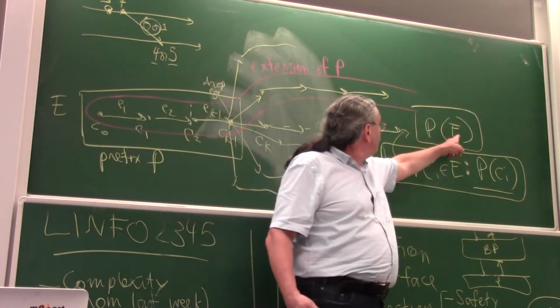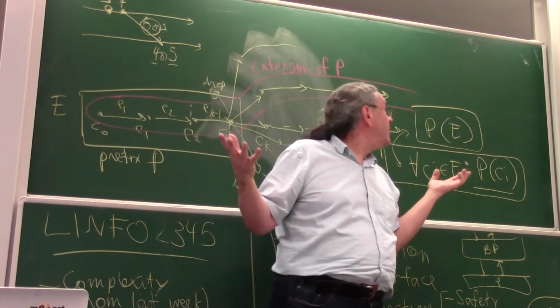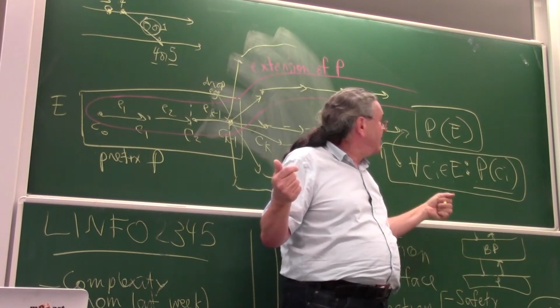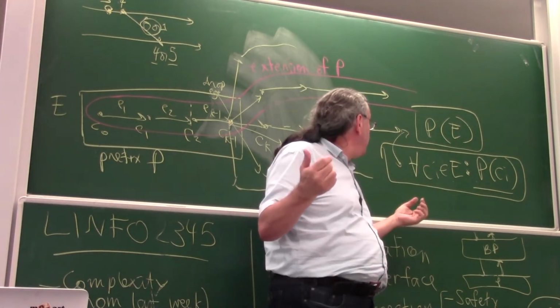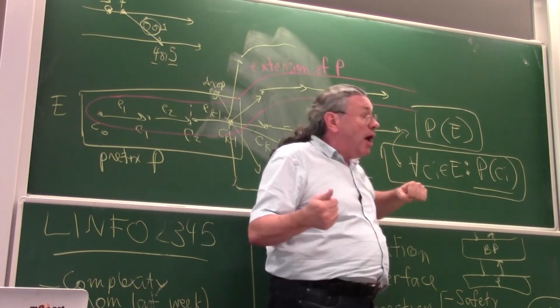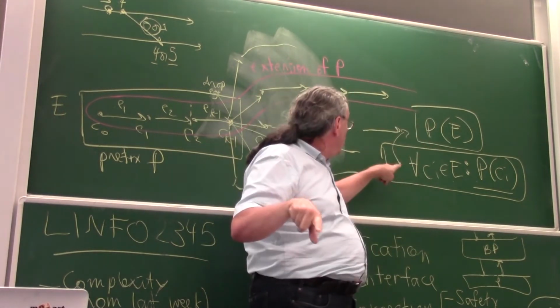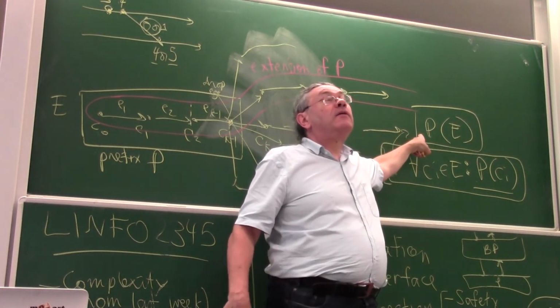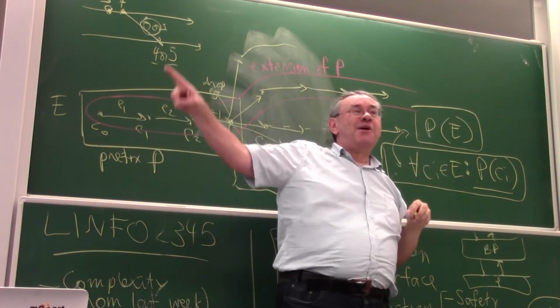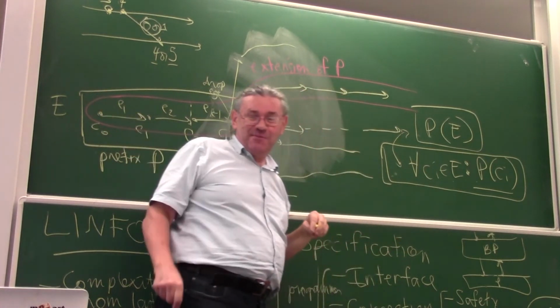Whereas if we say it's true for an execution, we're good. How come? Can you imagine an example where an unsafe execution, you could not see it with this definition, but you would see it there? Actually, we saw an example like that just a few minutes ago.